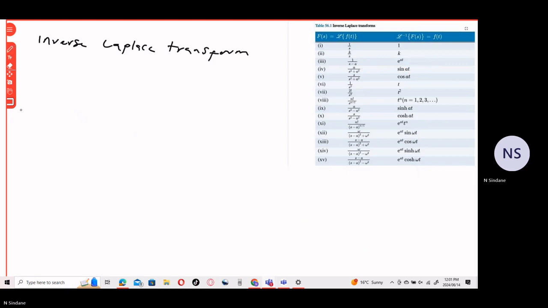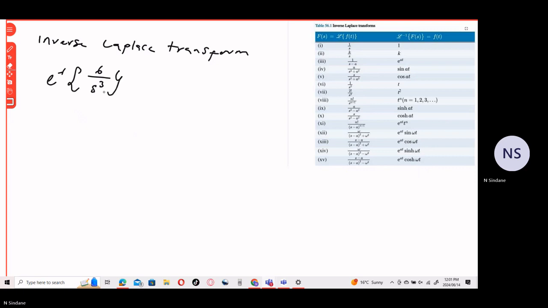If you have a question, you can drop it in the comment section and I'll try to address it. The next question is the Laplace inverse of 6 over s to the power 3. Let me write the proper bracket.